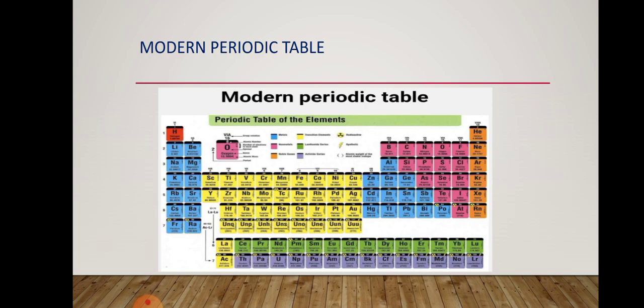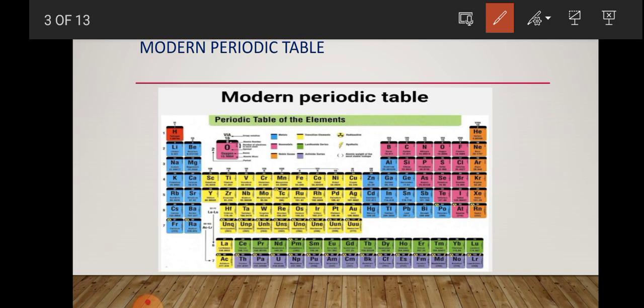But in the modern periodic table, there are 7 periods and there are groups like 1 to 7 with A and B subgroup, and group 8 and 0 groups. Look at the figure please.